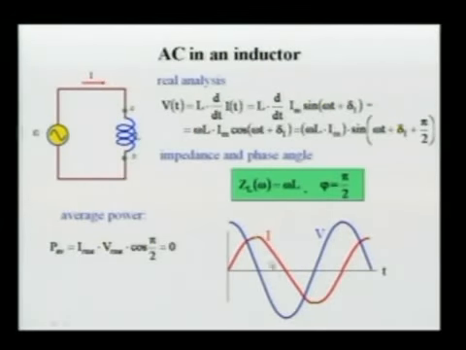Negative. Current is positive, voltage is negative. So here the inductor delivers power to the circuit. Now, here is again positive when both electrical quantities are negative. And negative and positive. So in an inductor, we deliver power, take it away, deliver power, take it away.